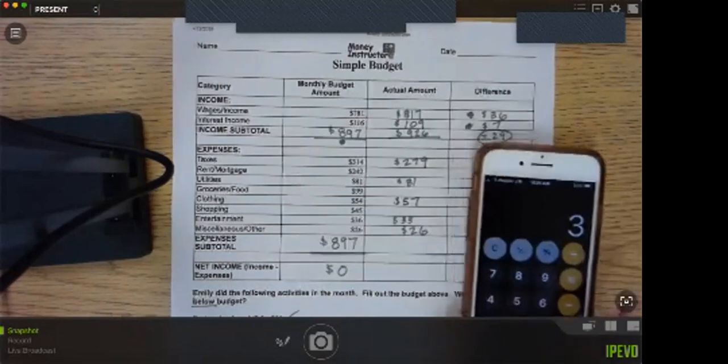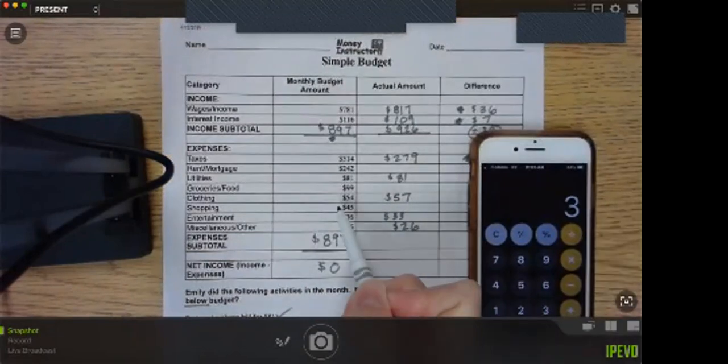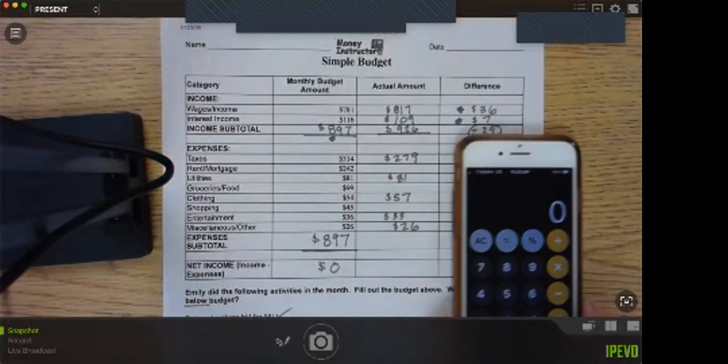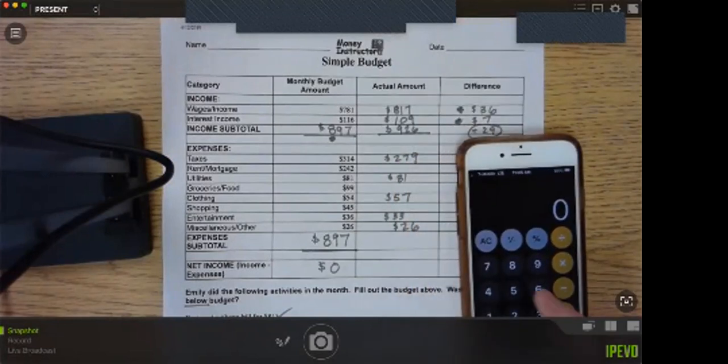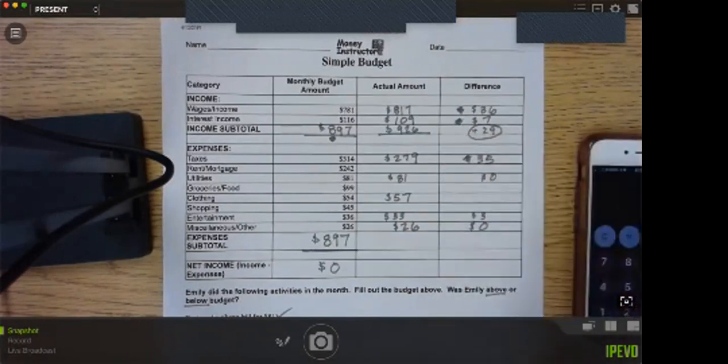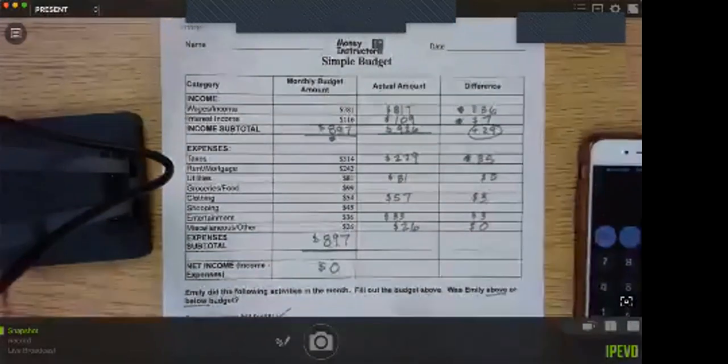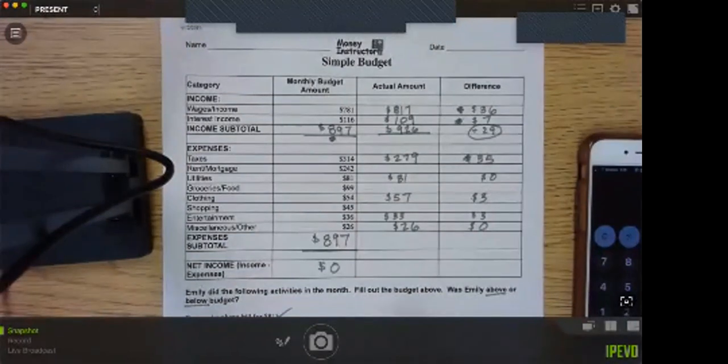So let's see the difference on what she actually spent versus the amount she budgeted for. So she said that she was going to spend $54, but she spent 57 minus 54. That's $3 difference.